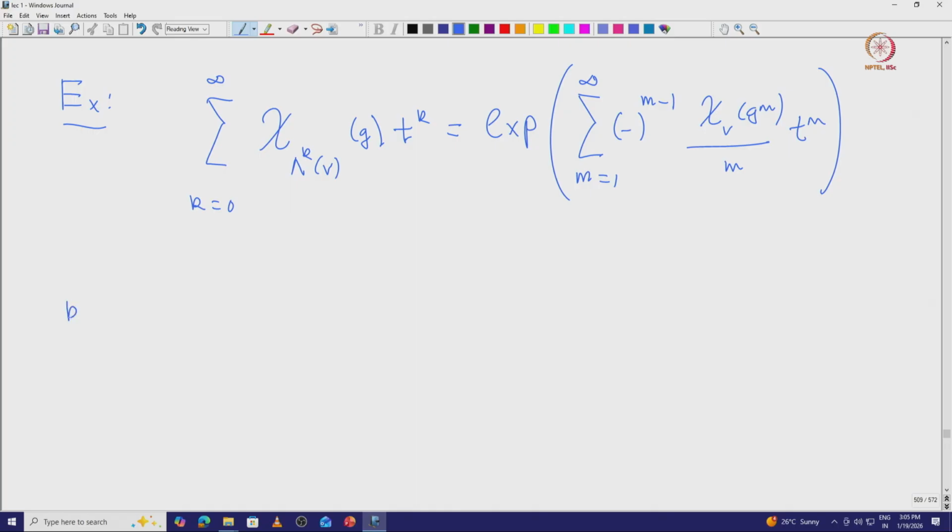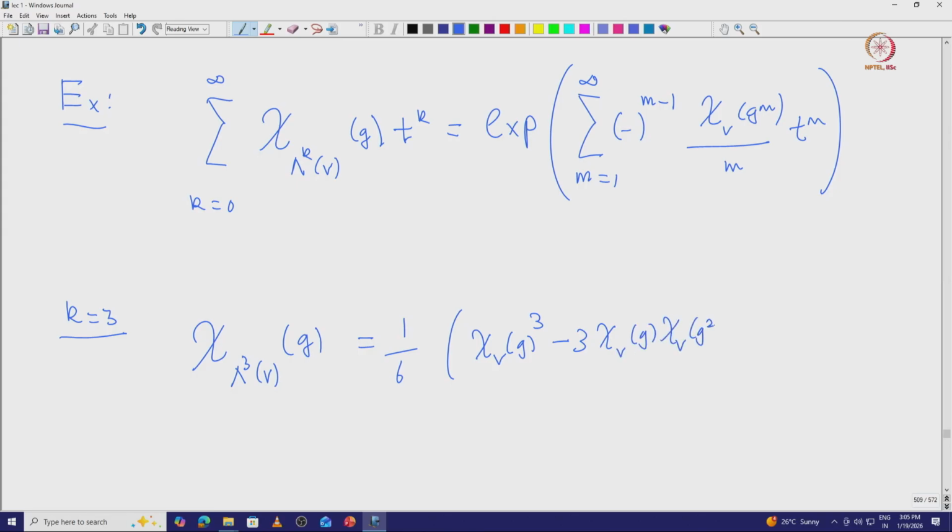So in particular, for k equal to 3, the character of the third exterior power is given by 1/6 times chi_V(g)^3 minus 3 times chi_V(g) chi_V(g^2) plus 2 times chi_V(g^3).